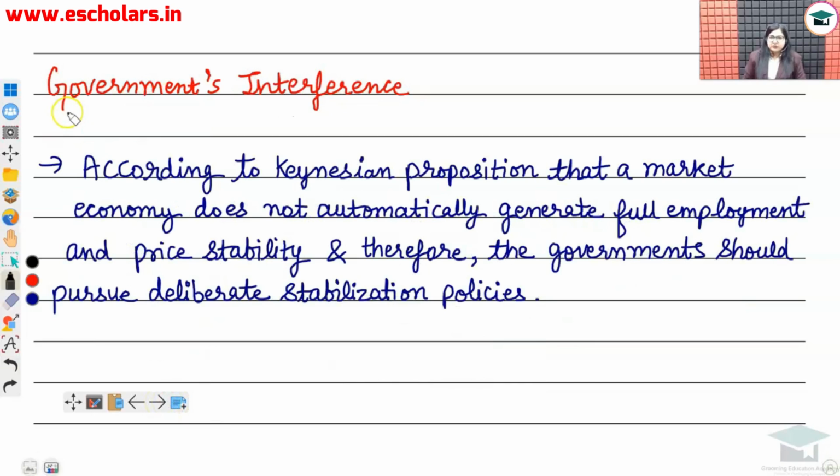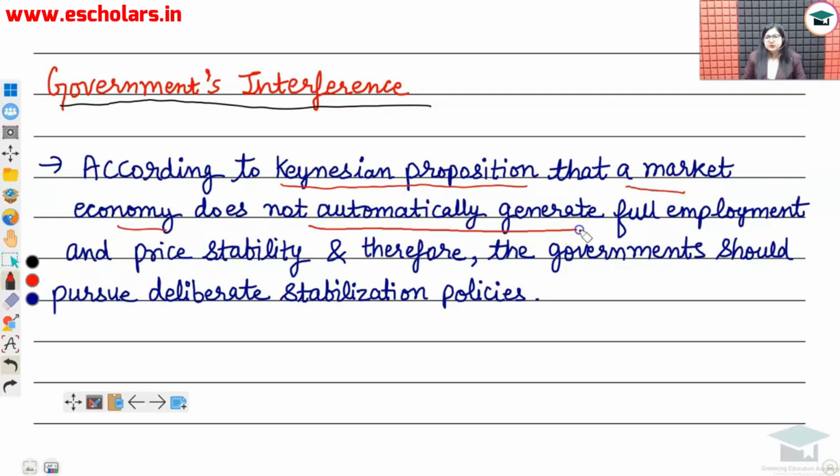Next, students, we will talk about why there is a need for the government to interfere in order to bring stability in the economy. So we are going to talk about the government's interference, or you can say the need of government interference to bring stabilization in the economy. See students, according to the Keynesian proposition, according to Keynes, a market economy doesn't automatically generate full employment and price stability, right?